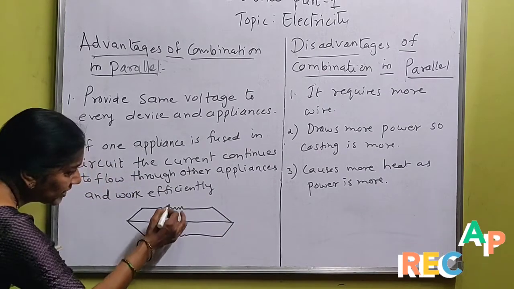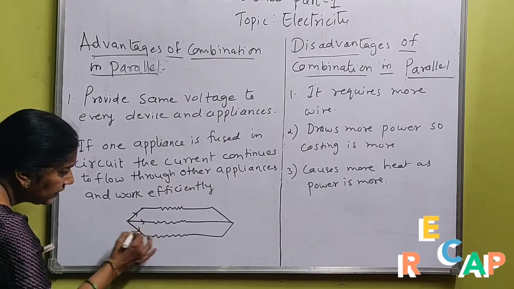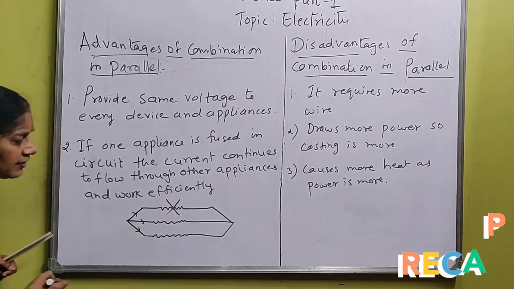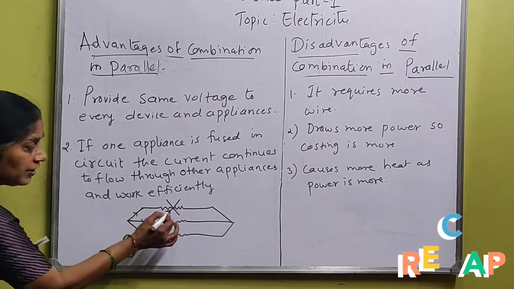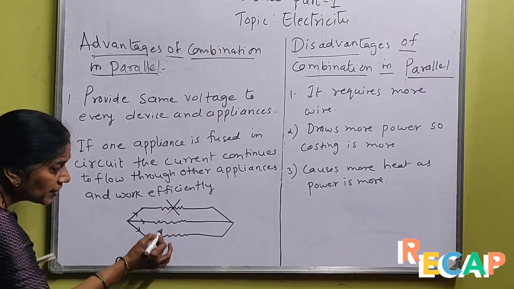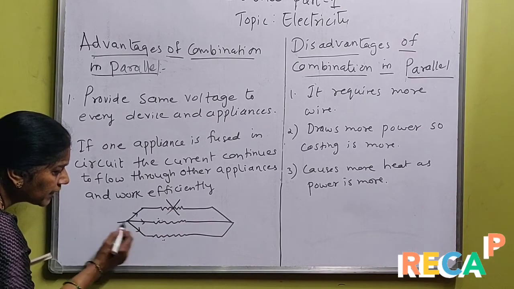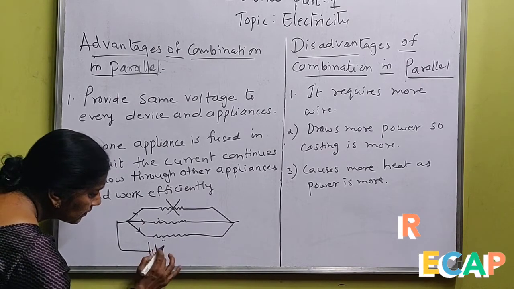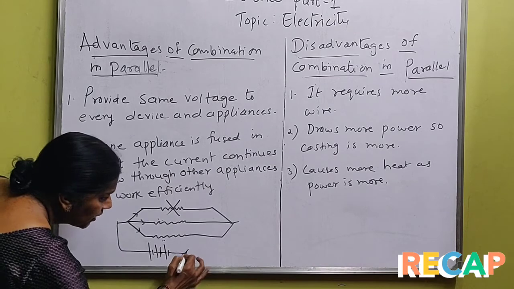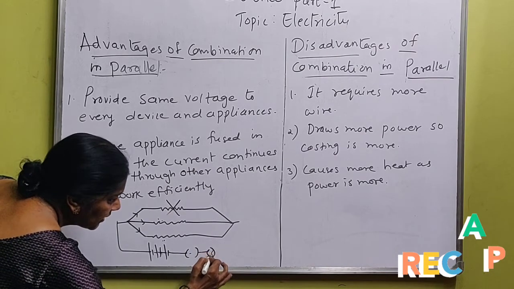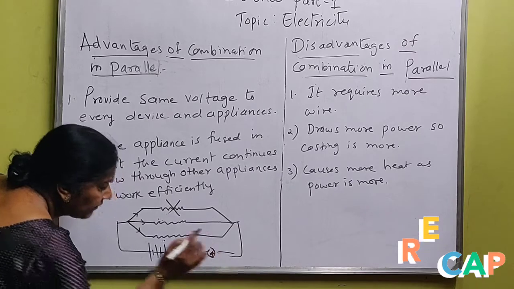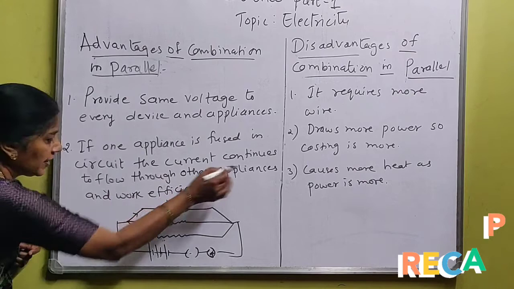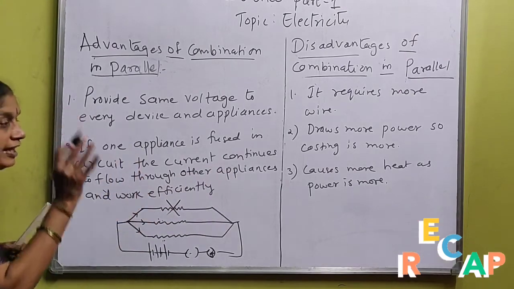So you can see here the current flows in different directions. If in this resistor the current is not flowing, it means only this resistor won't work, but the other two resistors or other two devices will work if they are connected to the electric source. That is very important in this diagram. I am explaining to you that the flow through other appliances will not be interrupted.